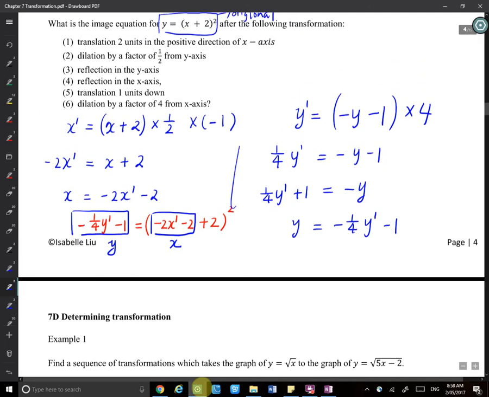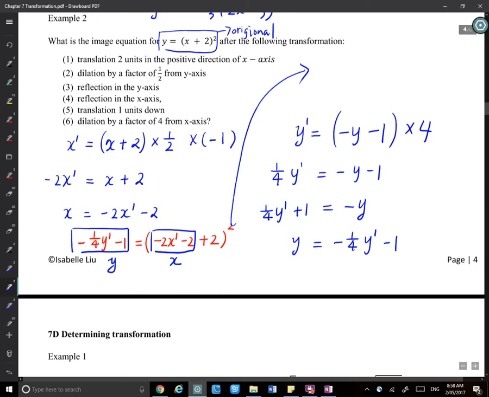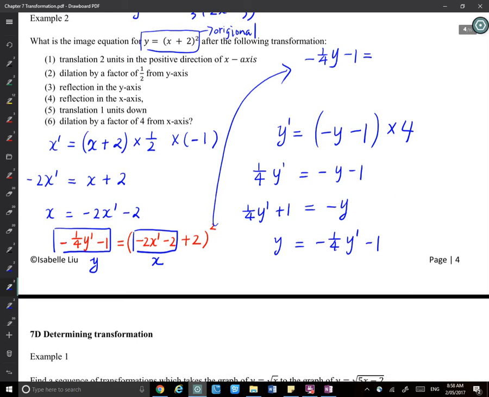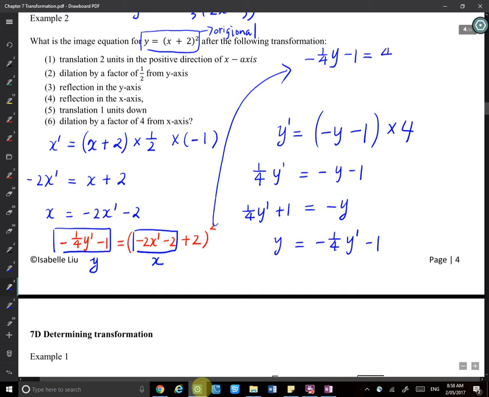I will bring it to the top. So negative a quarter y minus 1 equals, the inside is negative 2 plus 2, which is 0, and you have negative 2x, and the whole thing squared equals 4x squared. Then negative a quarter y equals 4x squared plus 1.